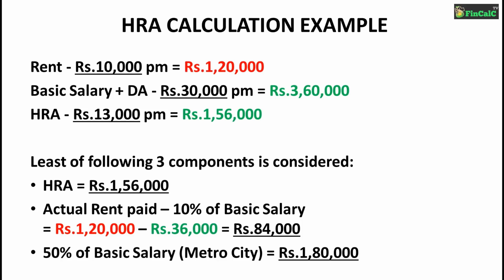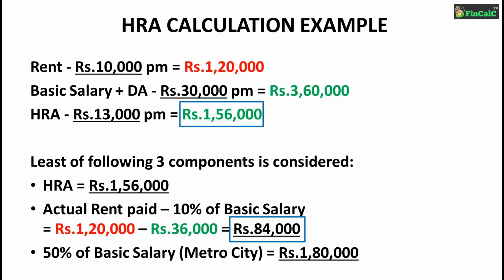So as you can see, Rs 84,000 is the least amount out of all three, and the HRA amount that will be exempted from income tax will be Rs 84,000 out of Rs 1,56,000 that you have received from your employer as HRA. This is the way you can calculate the HRA amount that can be exempted from your income tax.